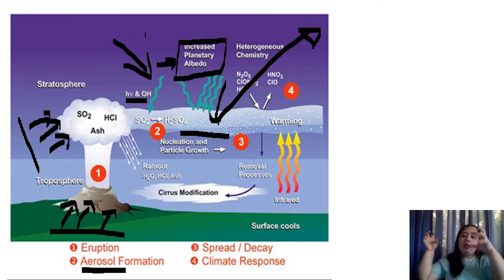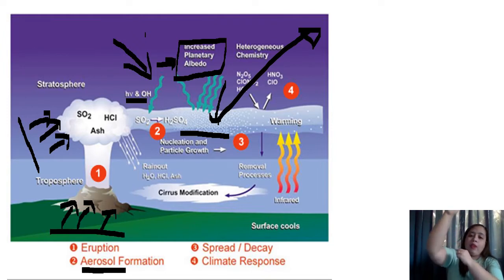Itong mga aerosol ngayon will increase the planetary albedo. What do we mean? Dahil may present kang mga aerosol dyan, yung tatamang sunlight ngayon dyan, some of it will be reflected back. Yung iba nakakalusot, but much of it will be reflected outside the atmosphere.